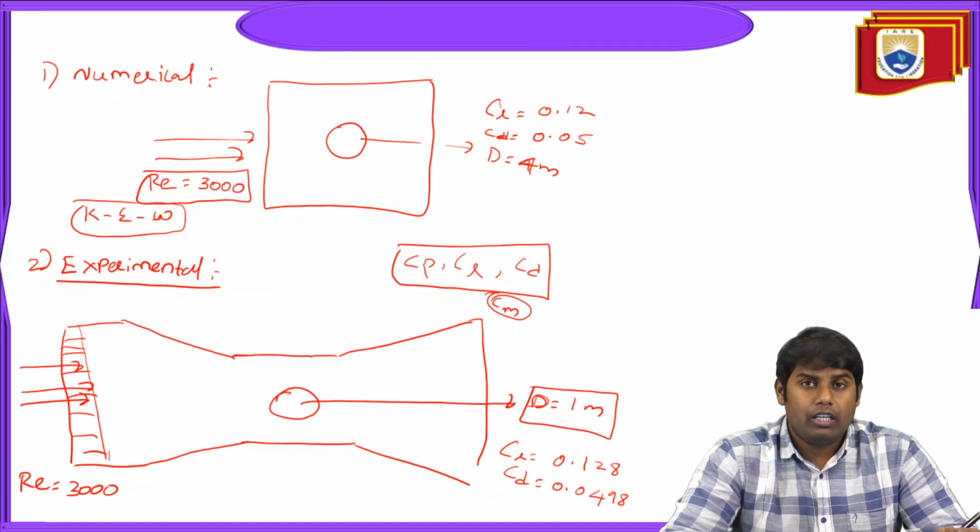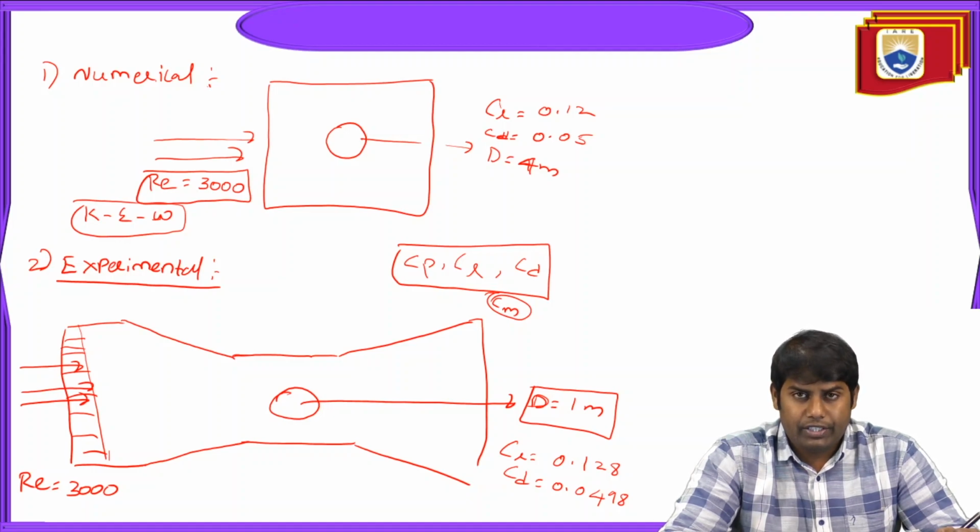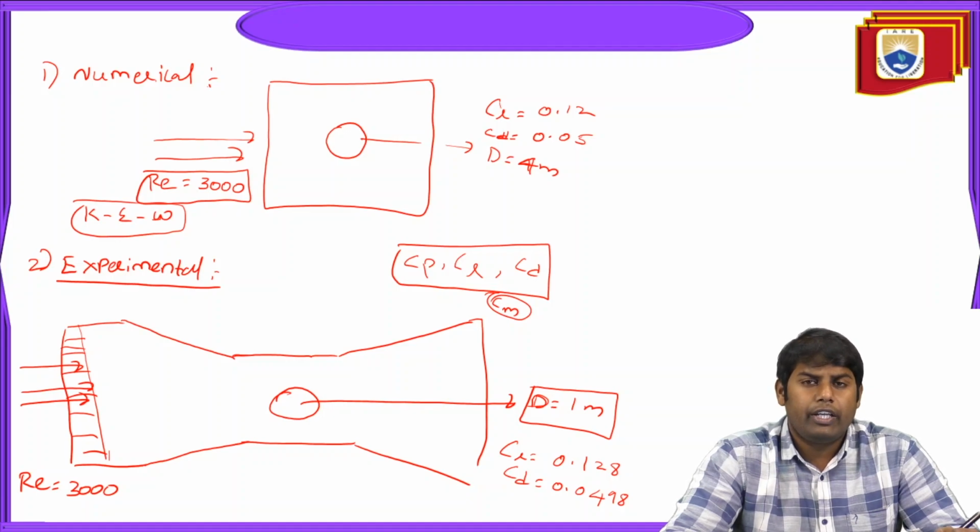First, the numerical errors we have discussed in the previous sessions. We have errors due to truncation, and errors due to dissipation and dispersion. We will discuss those things in detail. Then in the experimental errors, the first thing is calibration.